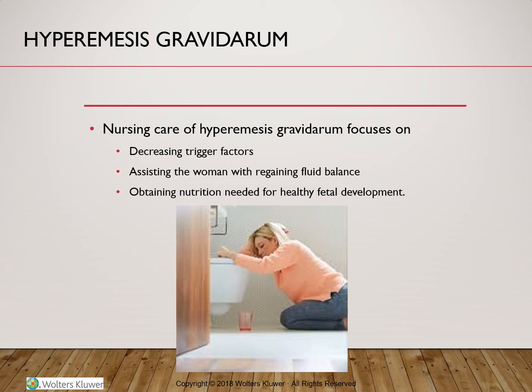So during this time, we will monitor for nausea and administer the medication as ordered. We'll record the intake and output as well as weigh the woman daily, monitor the signs of dehydration and observe the potassium levels as ordered, because hypokalemia can result from severe vomiting and may increase the risk for cardiac arrhythmias.